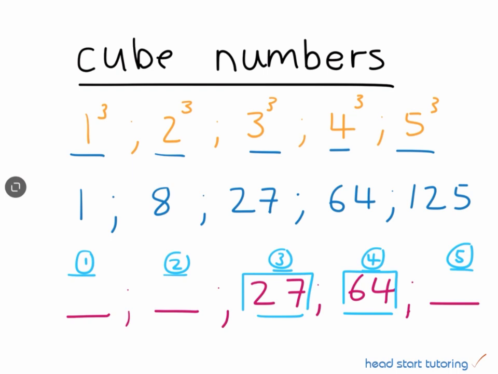So what is the relationship between the number 3 and 27? We need to be familiar with our cube numbers. We could say 27 divided by 3 is 9, or 27 divided by 9 is 3, but that same rule wouldn't really apply here to 64 and 4. So we need to try and remember that 3 cubed is 27, and then we apply the same rule to our fourth number. 4 cubed is 64.